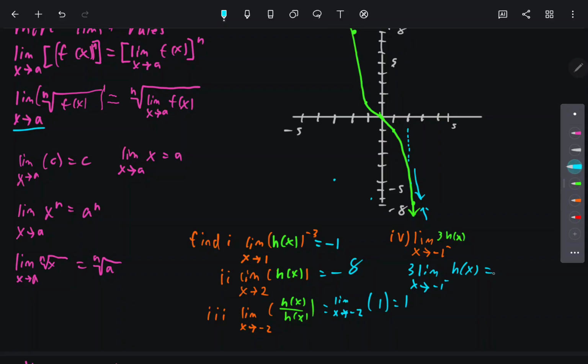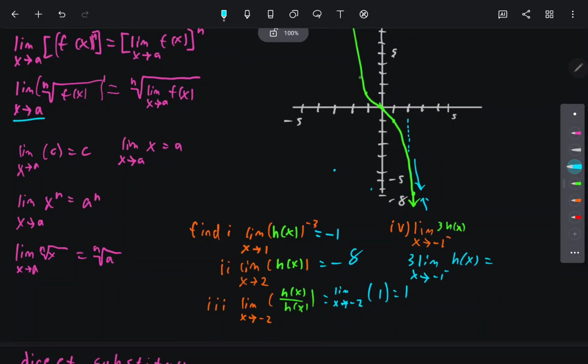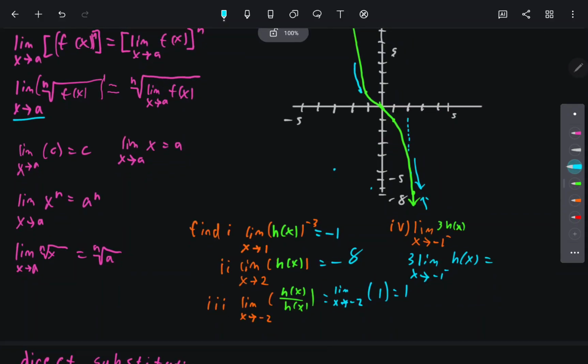And this allows us to then solve this limit right here. Well, if we're looking at it coming from the left, we're going to see that once again it just approaches 1. So this is going to be 3 times 1, or it's going to be equal to 3.